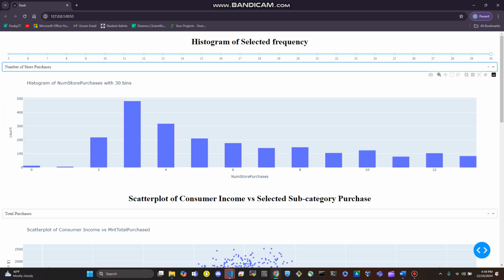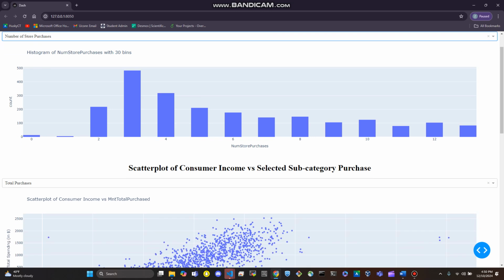So next we have the number of store purchases, right? And this is looking like the most popular form of purchasing method for this business, as most consumers have purchased two or more times from the physical store. So maybe some more marketing funds can be allocated to this purchase stream.